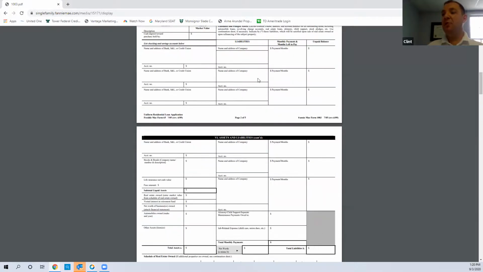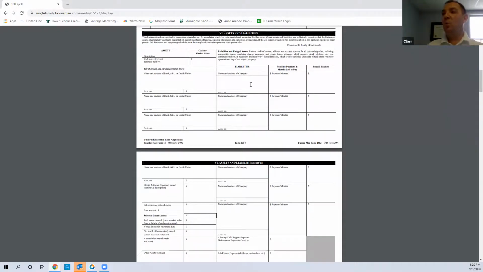Liabilities, I don't spend too much time on, only because we're going to pull a credit report, and essentially we're going to pull the debts, the liabilities from the credit report right into that section. But when I'm talking with an applicant, I do say, let's go over some bills.